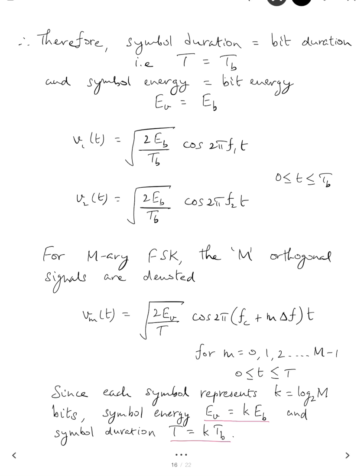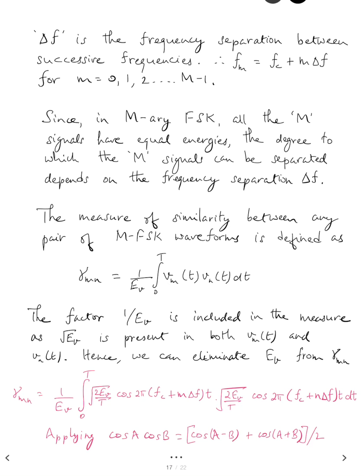So to get rid of that Ev and to simplify our calculations, we include this 1 by Ev parameter in front of the integral, and as you will see in the calculations, this will cause the Ev term to disappear from the whole equation when we evaluate this parameter, which we call gamma mn, the measure of similarity between any pair of FSK waveforms.